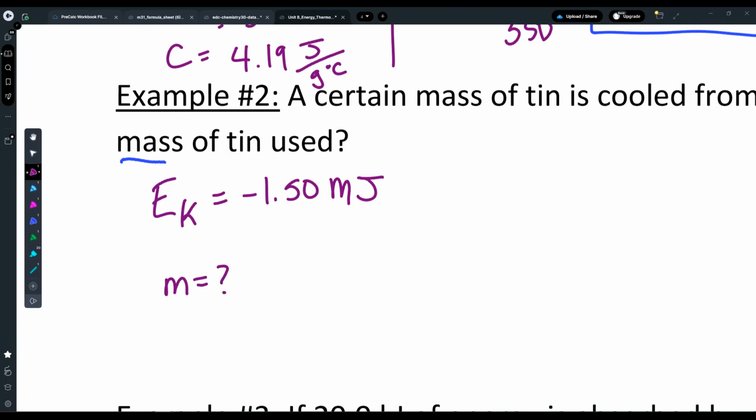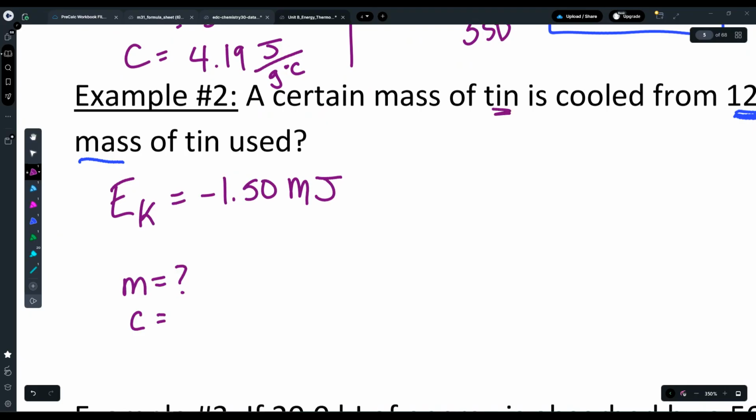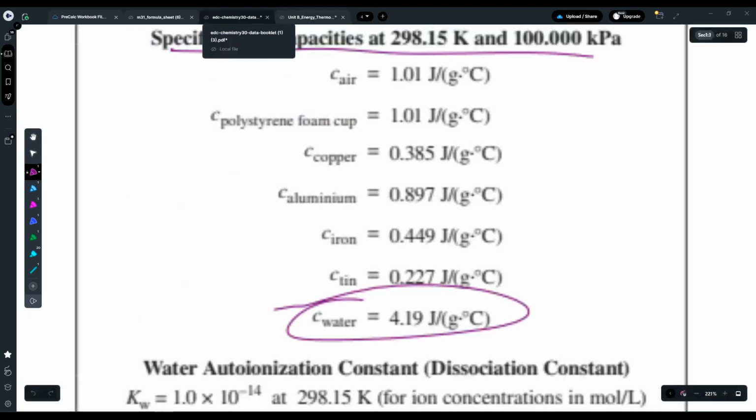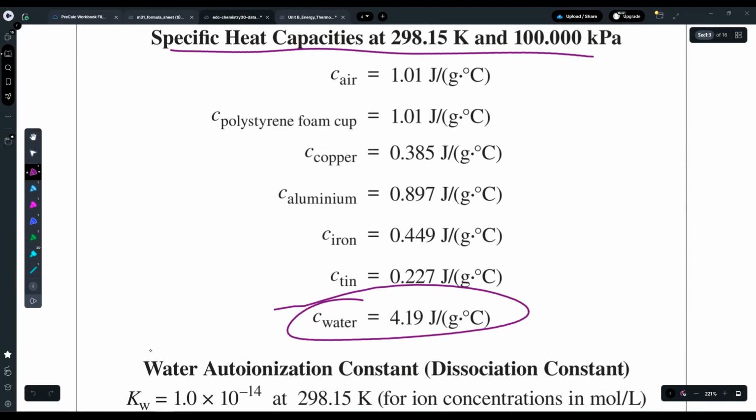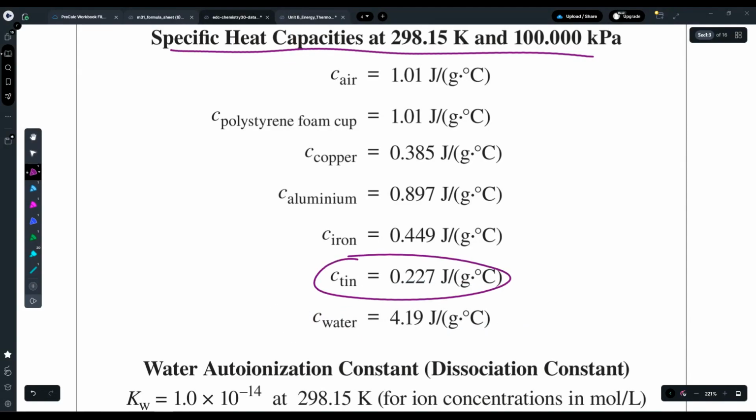Now for our mass, we have no clue. That's what the question's asking for. For our specific heat capacity, they mentioned we're dealing with tin, so let's look up tin. So tin is right here, so that's 0.227.